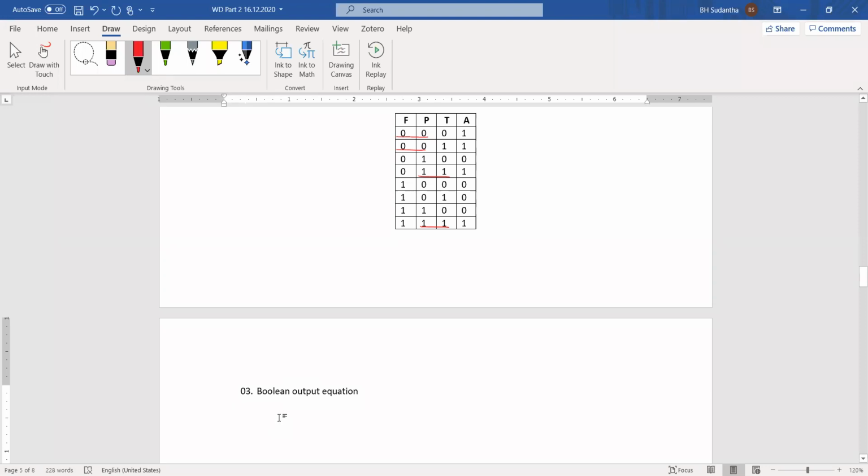Then we can convert this one into: this is F bar, P bar, T bar. This is F bar, P bar, T. This one F bar, P, T, and this is F, P, T.